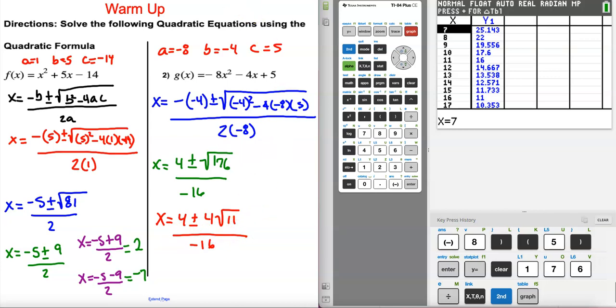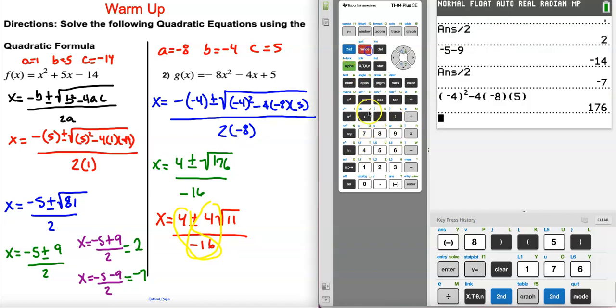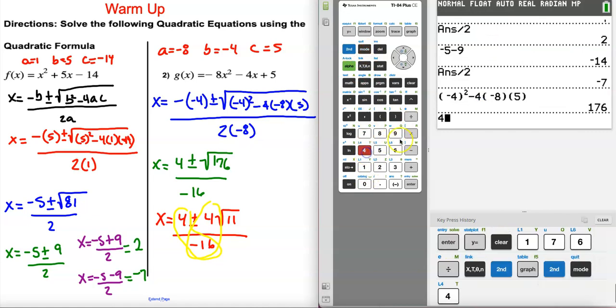At this point I can simplify this some more because I have two numbers that can both be simplified, the whole numbers. I go 4 divided by negative 16 and hit enter.